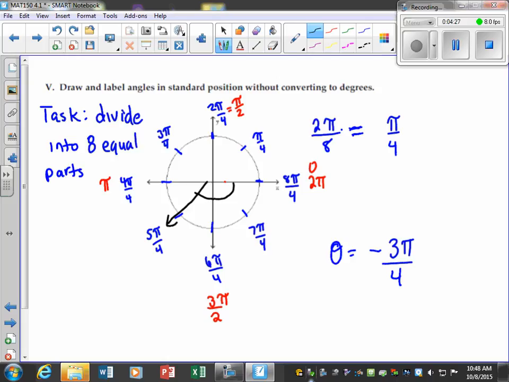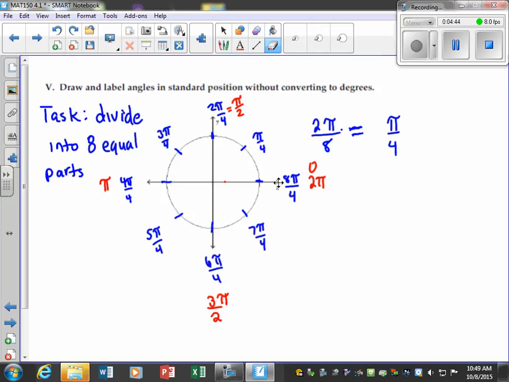So that would be negative 3 pi over 4. That's a bad angle, roughly. Anyway, that's just an FYI as we continue to do a little more practice with radians.